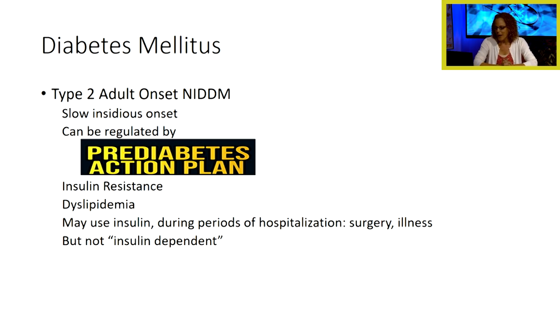We're going to talk about that. In the type 2 diabetic, we usually see insulin resistance, dyslipidemia. These folks may use insulin during periods of hospitalization, surgery, and illness, but they are not insulin dependent. So we're going to talk about what all those things mean.